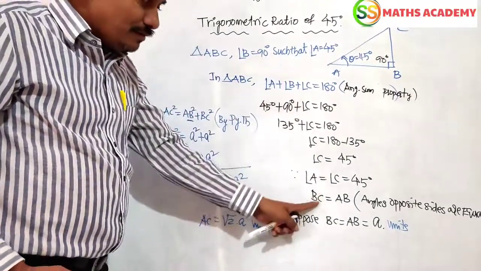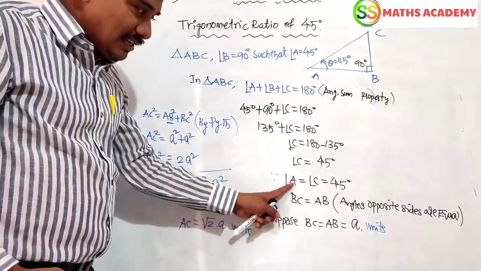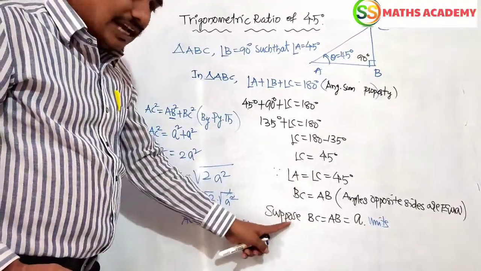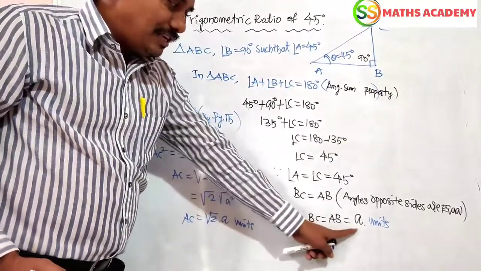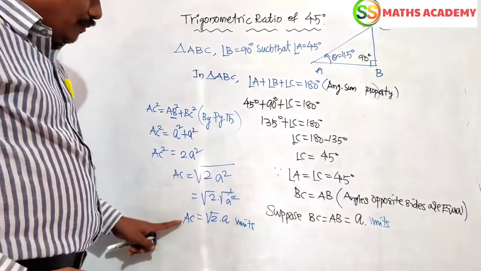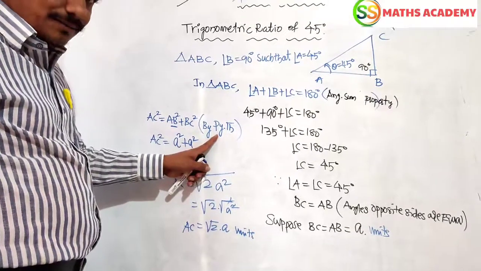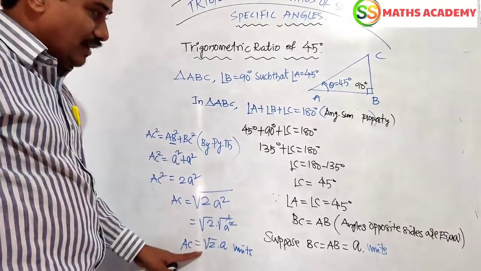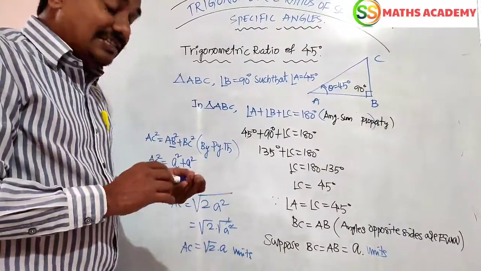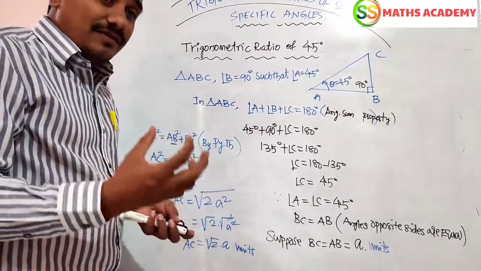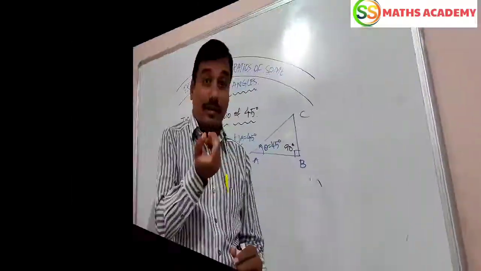From the diagram we get two sides equal, assuming AB equals BC equals a. Now using these two values in the Pythagoras theorem, I get the hypotenuse AC value. Then we can easily find the trigonometric values from sin 45 to cosec 45.